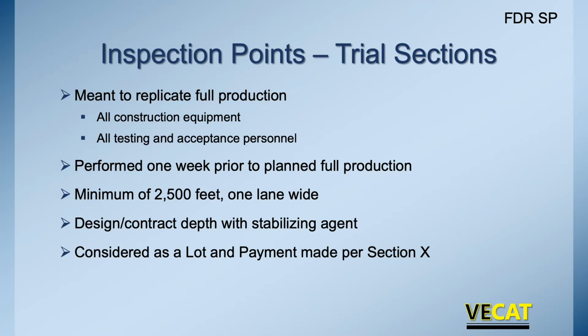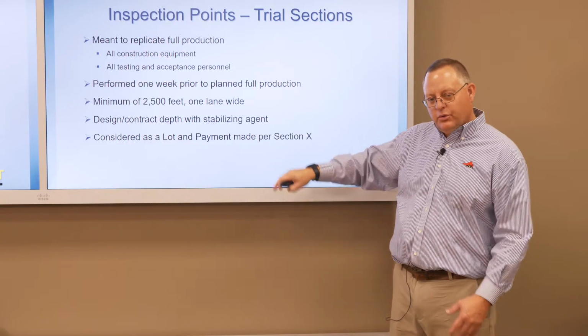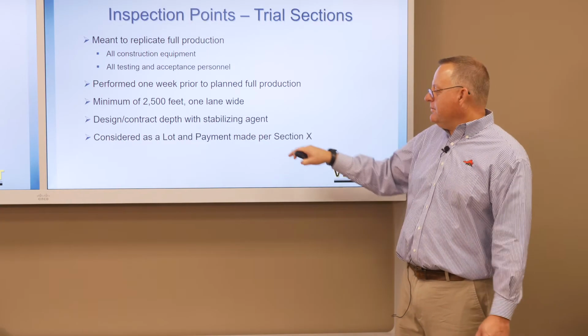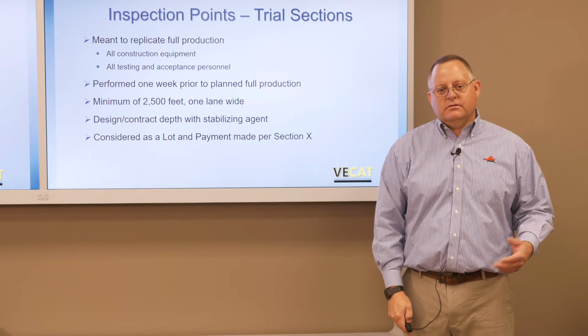We're checking the contract depth with the stabilizing agent. So if the design and the contract said 9 inches, we're ensuring we went down 9 inches with the reclaimer, and we're going to consider this as a payment item. It's going to be a lot, 2,500 feet long, so we're going to pay for it based on the results.